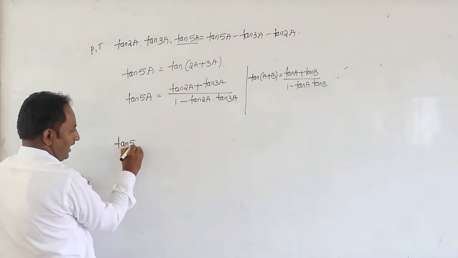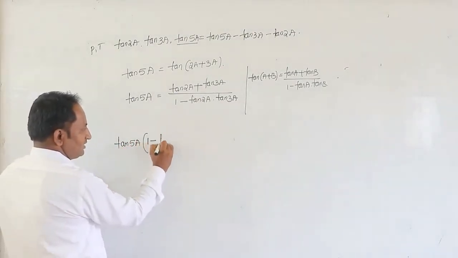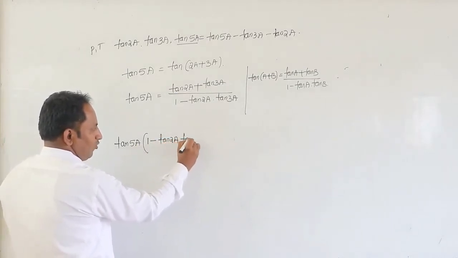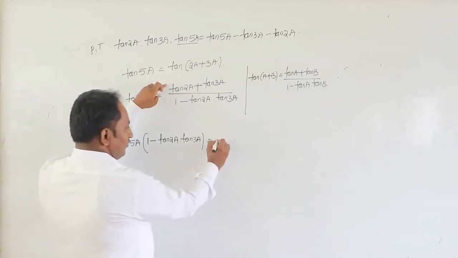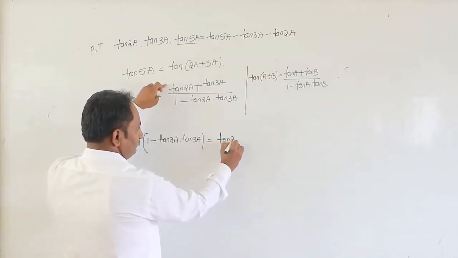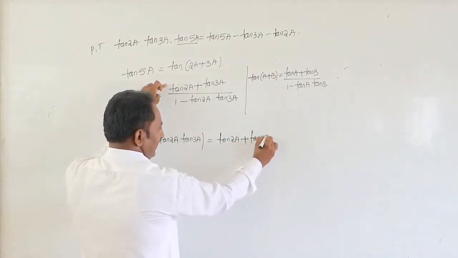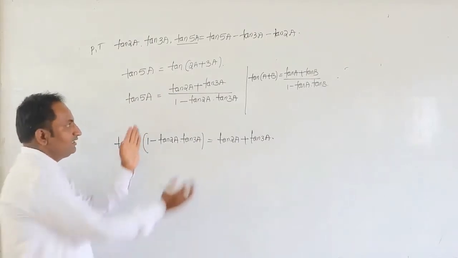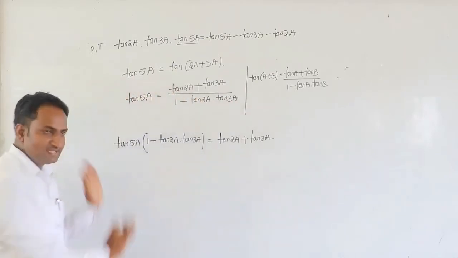Tan of 5a into 1 minus tan of 2a into tan of 3a is equal to tan of 2a plus tan of 3a. Here 1 minus tan 2a into tan 3a is shifted to this side.